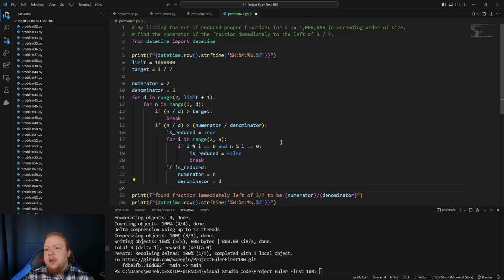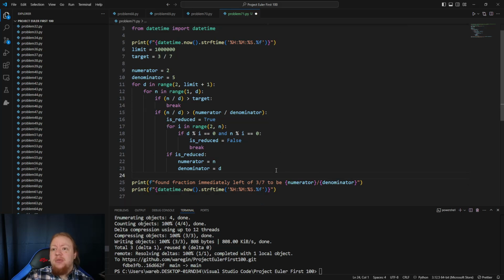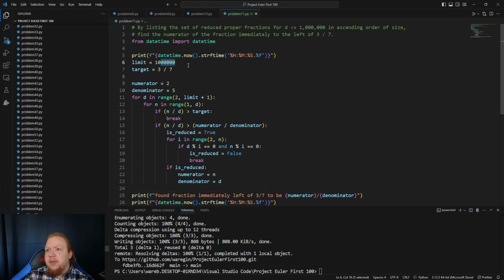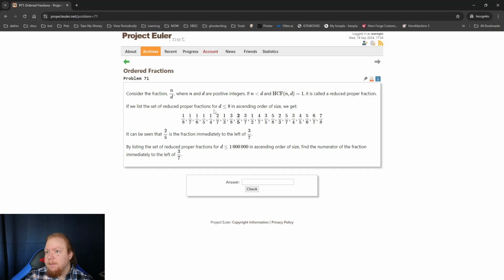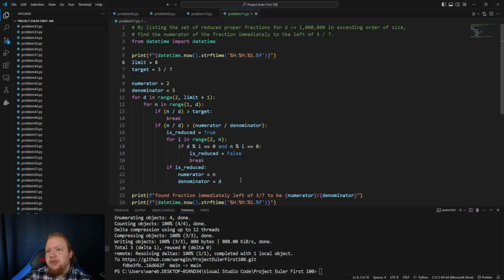Now, what you'll notice here is I have a triply nested for loop. I don't know for certain that this will be efficient enough, but let's actually take our limit down to 8, just to make sure that we do get the 2/5.